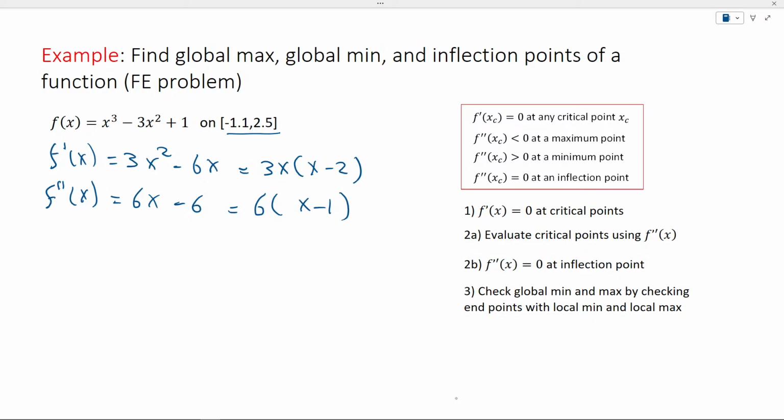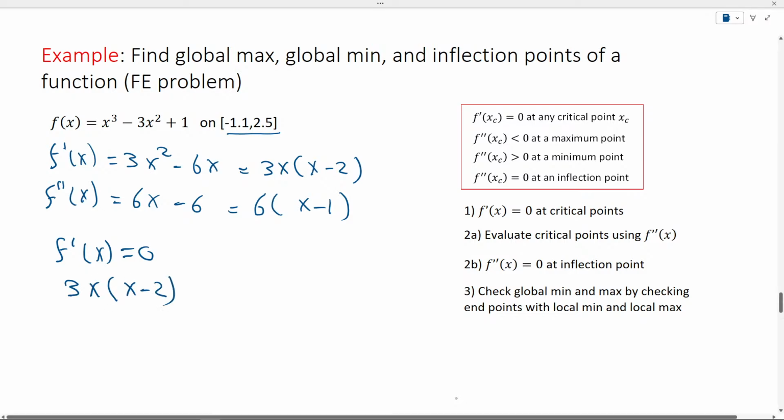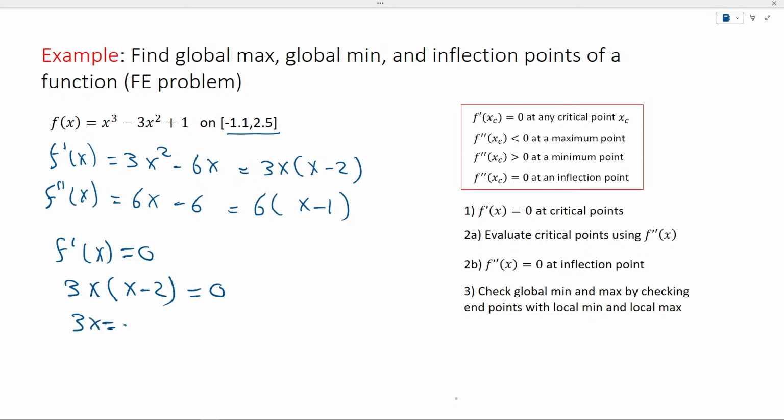Then what? Well, I know that I need to find my critical points. And how do I find my critical points? I know that my critical points occur when f'(x) is equal to 0. That is where my critical points will occur. So I get this first derivative, and I equate it to 0. Now I can find my critical points. So 3x is equal to 0, then I get x is equal to 0.